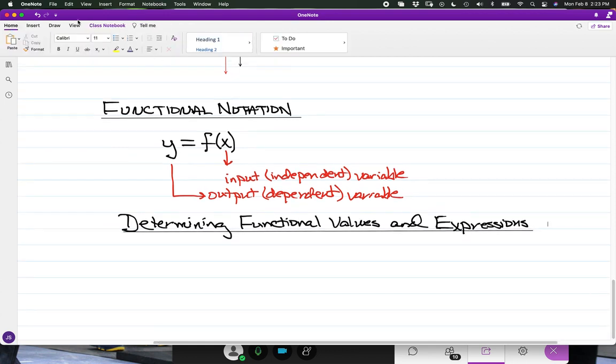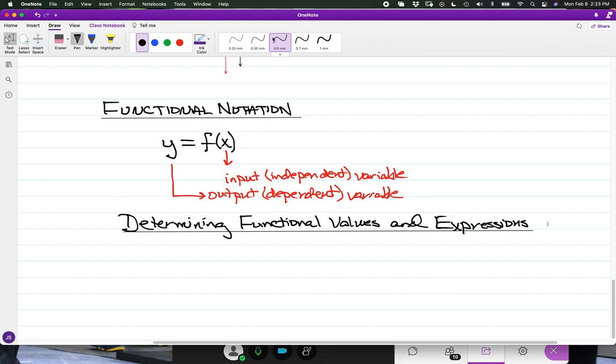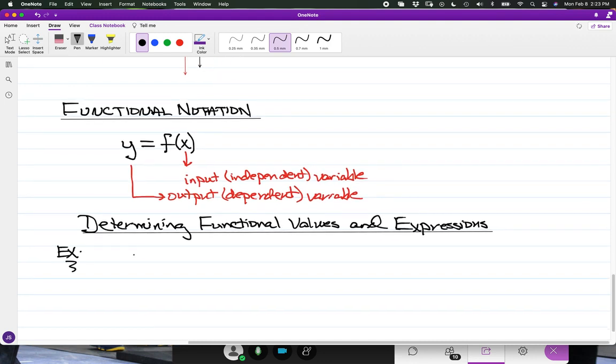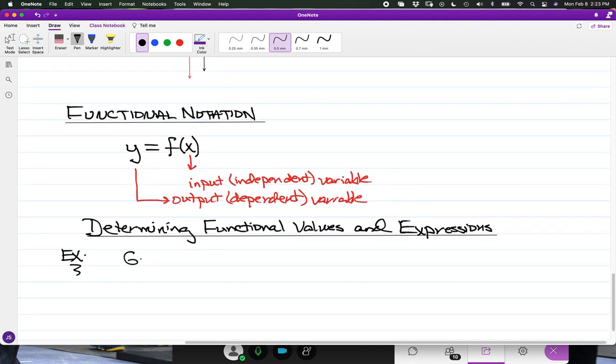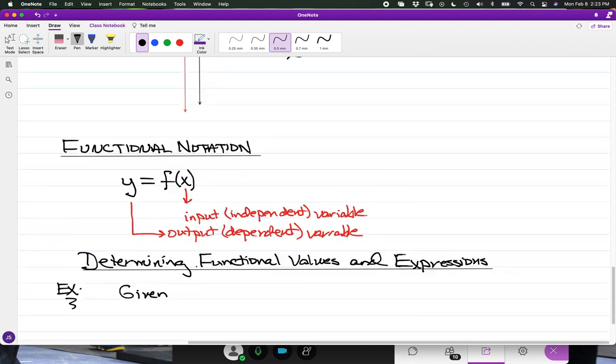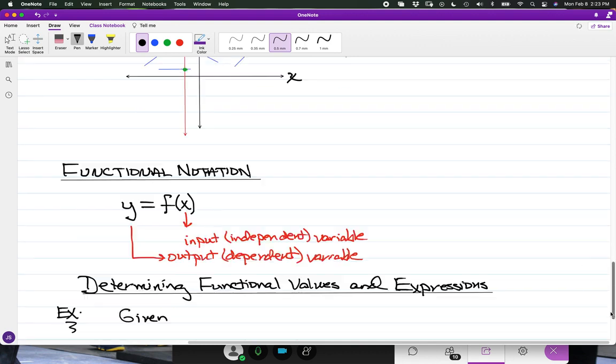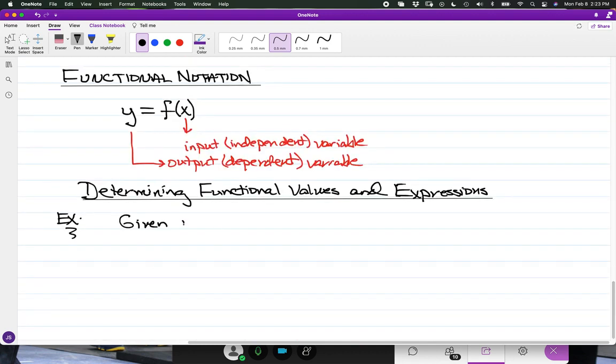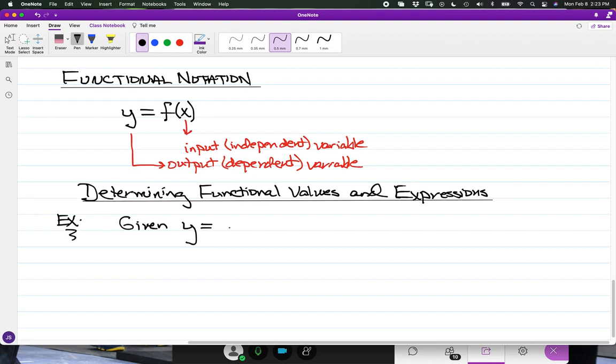Now let's say we have a case of a function, given say y is equal to f of x, and we'll say f of x is equal to x squared minus 3x.